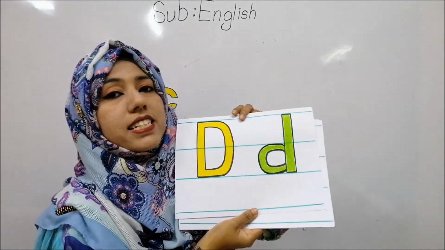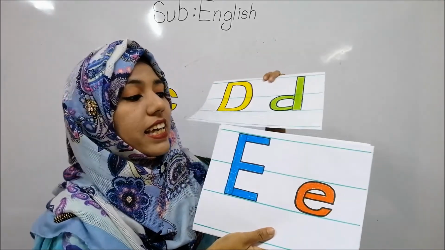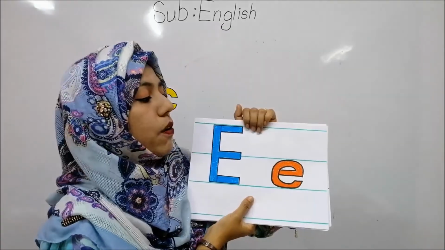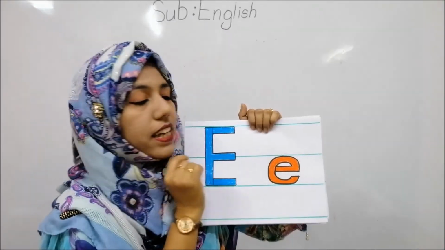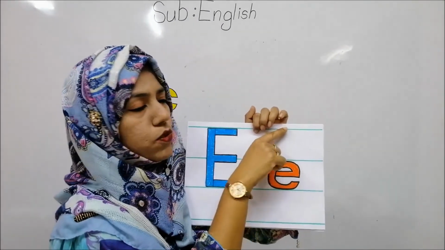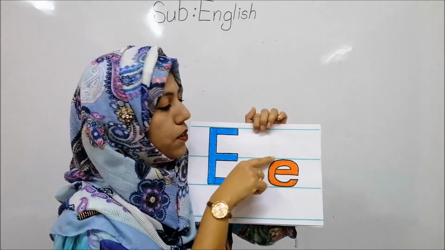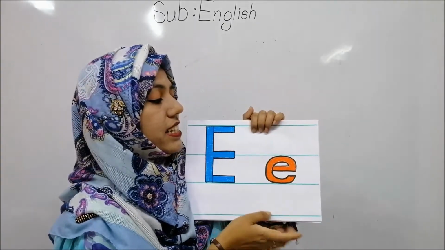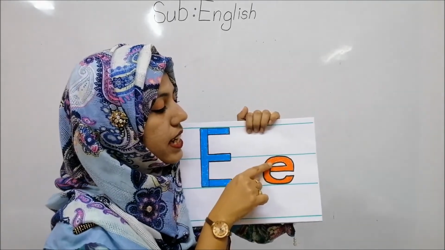A, B, C, D, E. This is letter E. Where I have written the small letter E? See, it starts from first line. No, it starts from second line. Yes, it starts from second line.